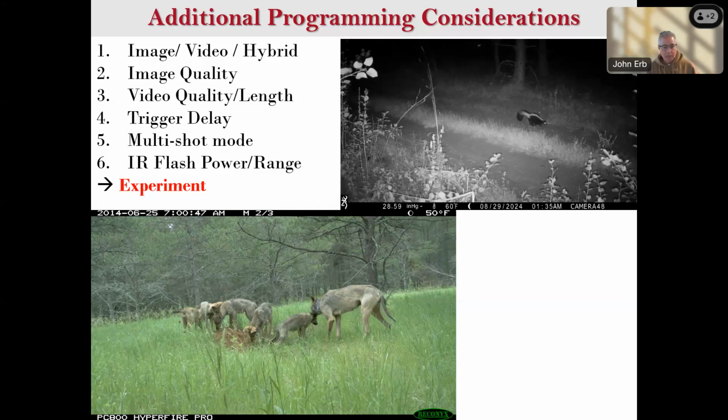Another feature a lot of cameras have is that when it is triggered, you can tell it to just take the one picture. Or again, if you're trying to get fast moving animals, want to make sure you get more chance to identify a species, you can program them with a multi-shot mode. So when it's triggered, it will maybe take 3 pictures, boom, boom, boom. And then at the next trigger, it'll take another 3.